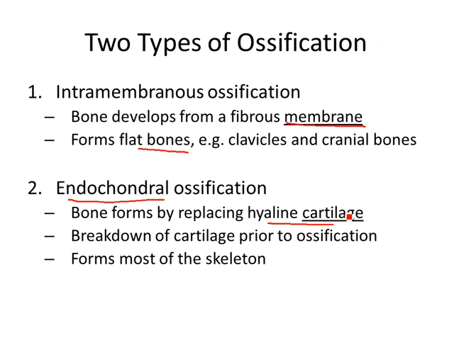So you put hyaline cartilage down first, then you get bone. But the first thing you have to do is break down that cartilage before you can ossify it. So you break down the cartilage, then the bone-forming cells bring in the osteoid, and you get ossification. And that's how you make most of the skeleton.